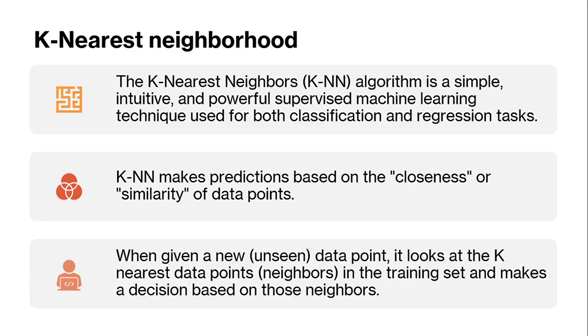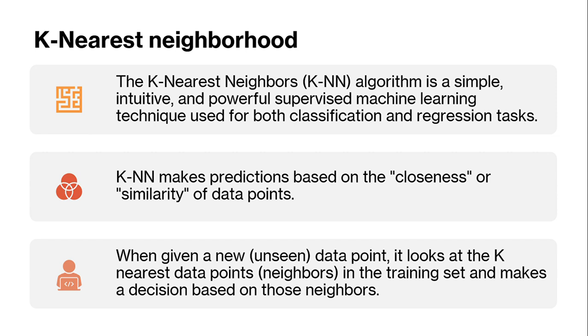Now we're talking about K nearest neighbors. As the name implies, neighbors. It's a simple algorithm, intuitive and powerful, a supervised learning technique used for both classification and regression tasks.